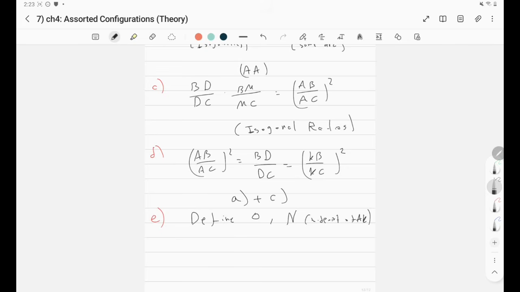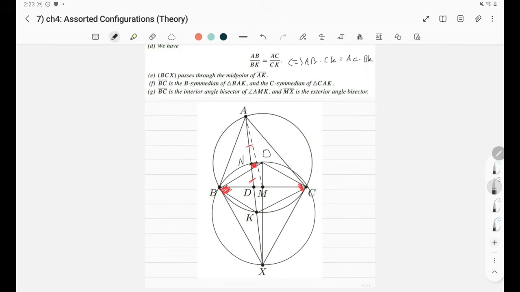We can just say OX is the diameter of the circle mentioned, BXC, and we know that ON is perpendicular to AK. So that's enough. Hence, N lies on BXC. Alright. Nice. So let's just erase this one here.